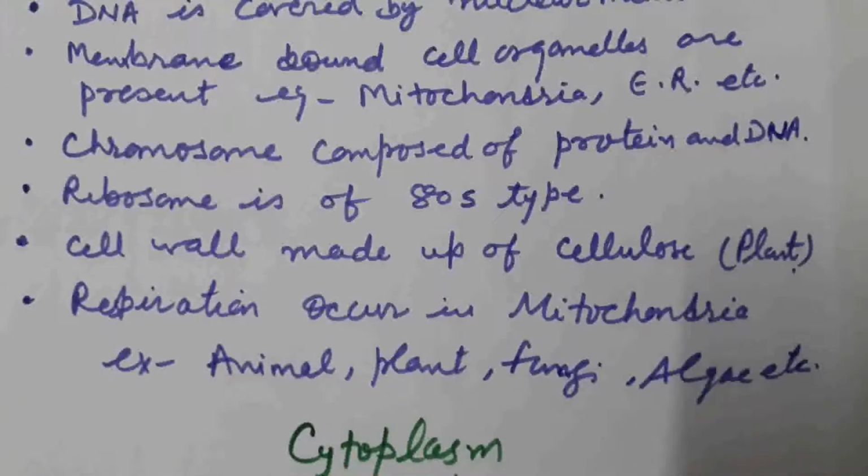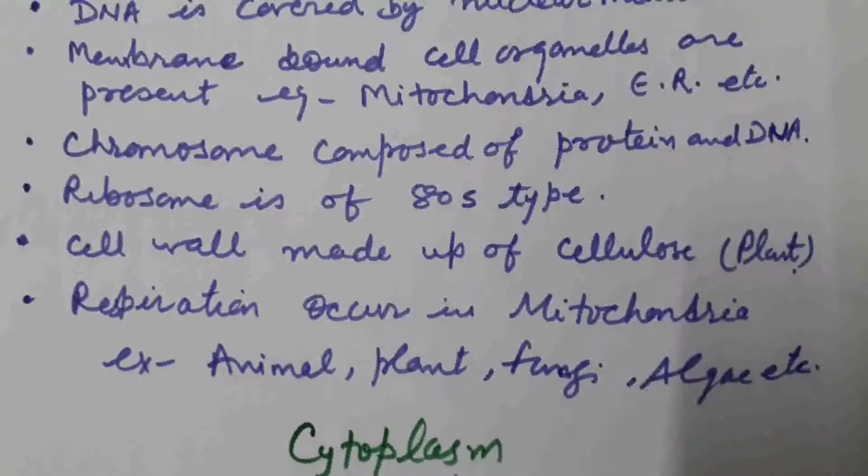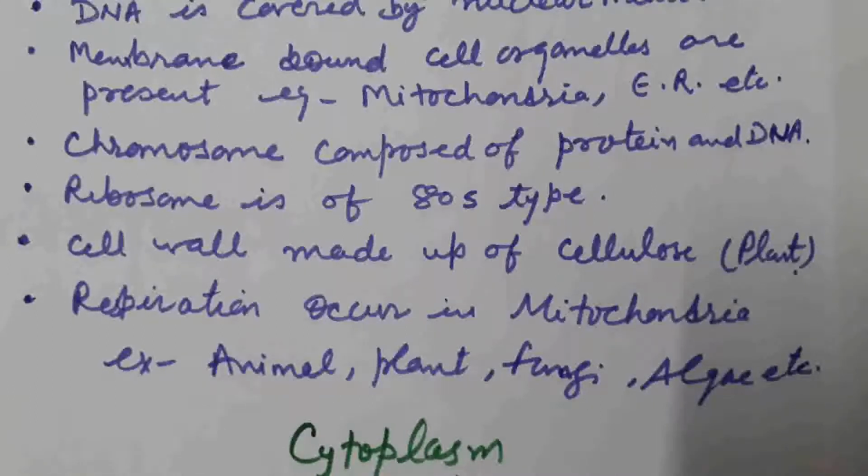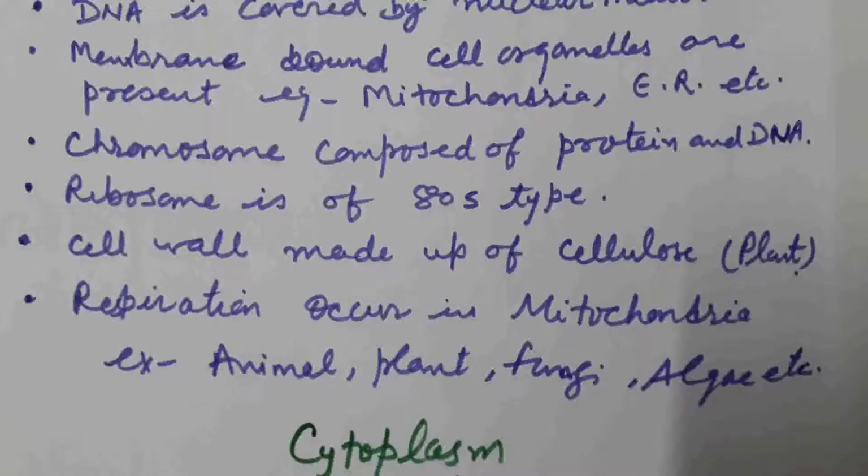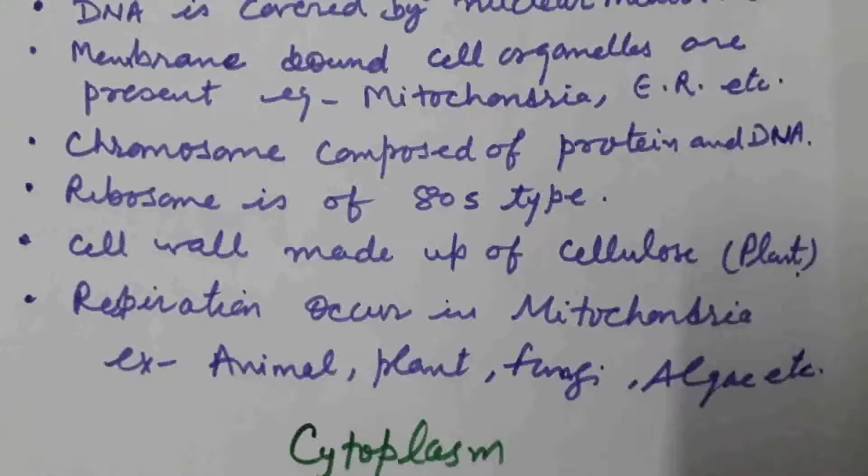Enzymes are present inside the mitochondria which help in aerobic type of respiration. The example of eukaryotic cell: any animal cell, plant cell, fungus, algae, higher plants, in all of them eukaryotic cellular organization is present. I think the concept of prokaryotes and eukaryotes is very much clear to you all.